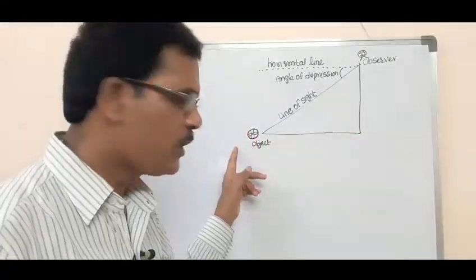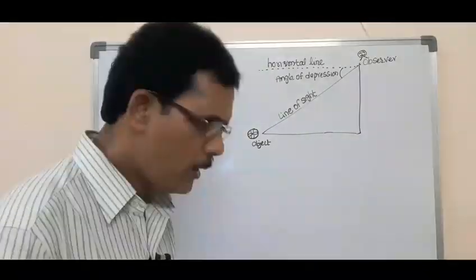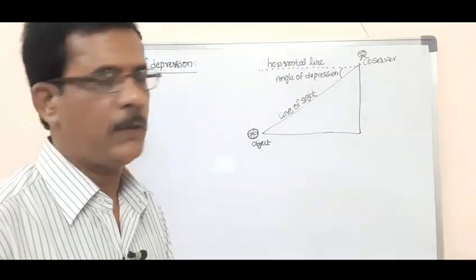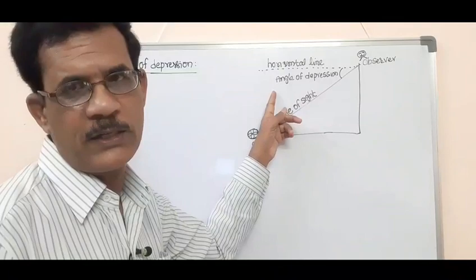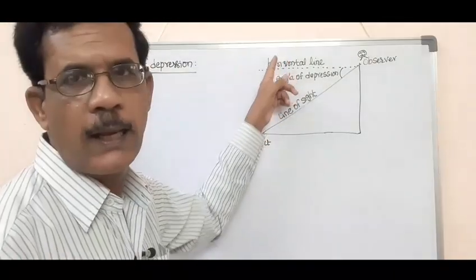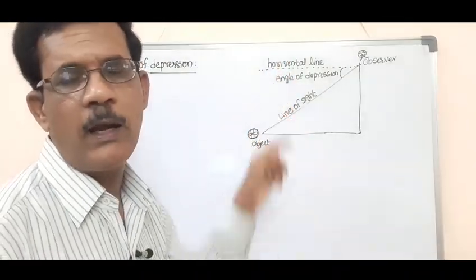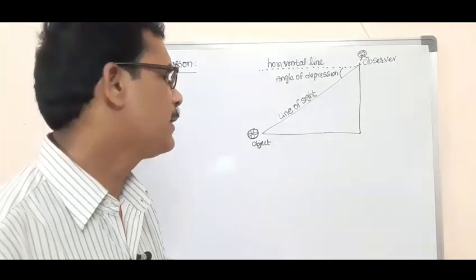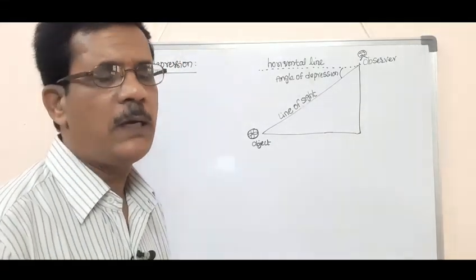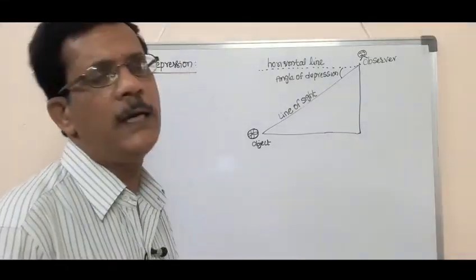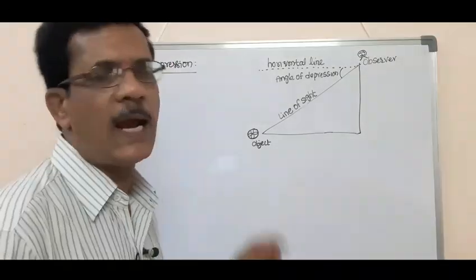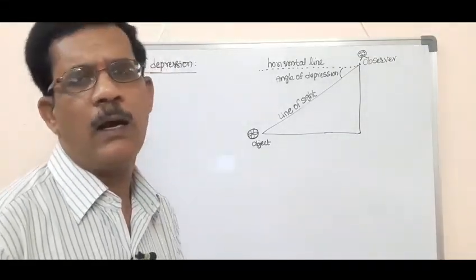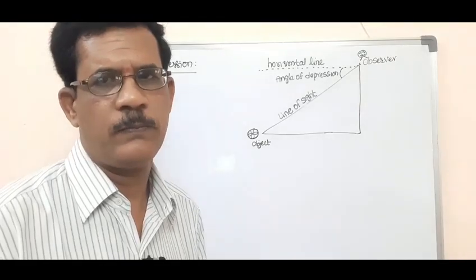So to see the object, we have to put our head down and see. So this is angle of depression. In this case, to see the object, observer has to lower his head and see. Object's height will be lower than the observer's height.